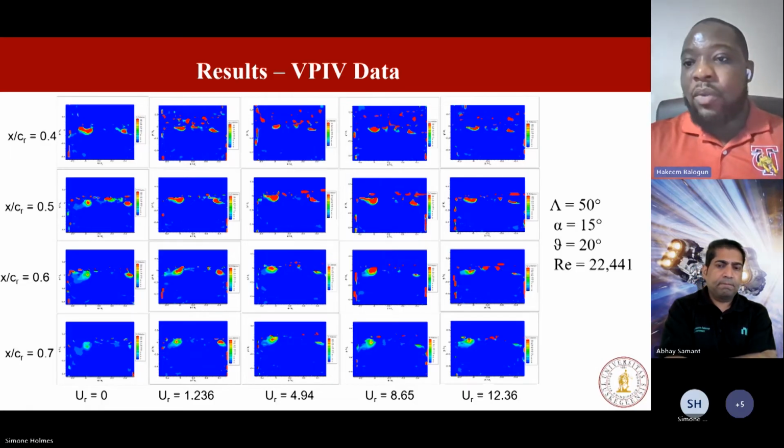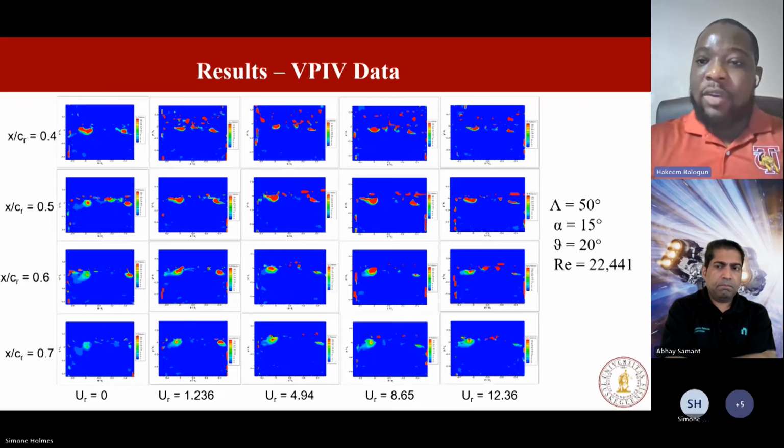And again, what is going on is that as I increase the jet velocity ratio, the jet entrainment effect is more pronounced. So this causes a higher rate of rotation about the vortex axis.